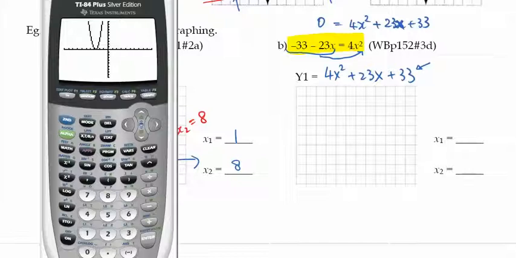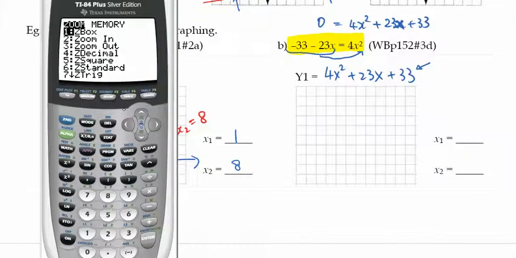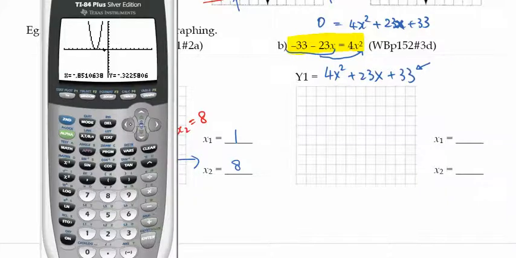We see a parabola. Well, it seems like it is touching -3, but I'm not too sure. What you can do is zoom in using your graphing calculator. As I press zoom and then in, I can now move my cursor to the point where I want to zoom in and press enter.